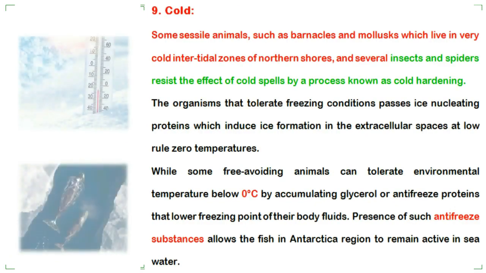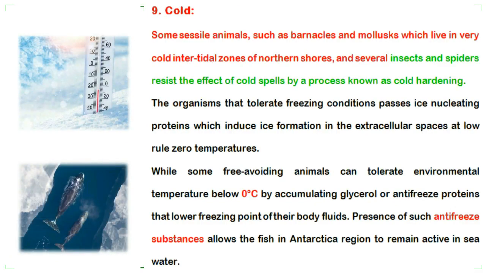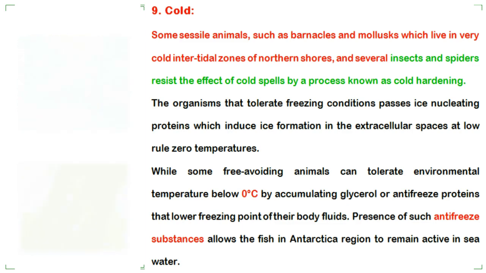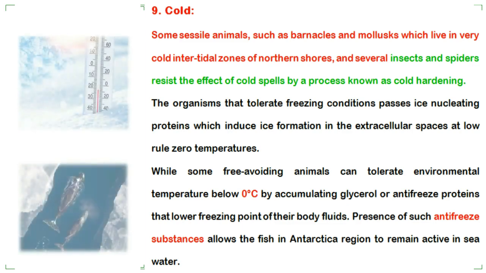Cold. Some animals, such as barnacles and mollusks, which live in very cold intertidal zones of northern shores, and several insects and spiders resist the effect of cold spells, by a process known as cold hardening. The organisms that tolerate freezing conditions possess ice nucleating proteins, which induce ice formation in the extracellular spaces, at temperatures just below 0.